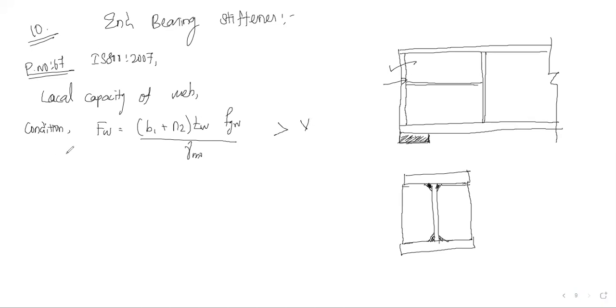So let us consider the thickness of this one we have done already in the beam. So this is 50 and this is 1800. That is web buckling and web crippling. Same, so this is 50. I don't know the support width, so let us assume that B1 is equal to 125.